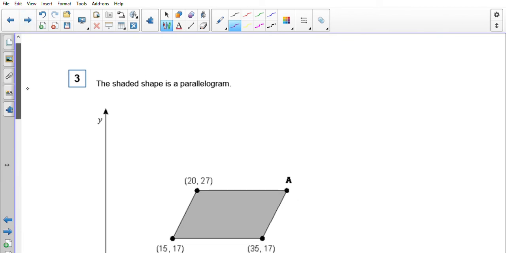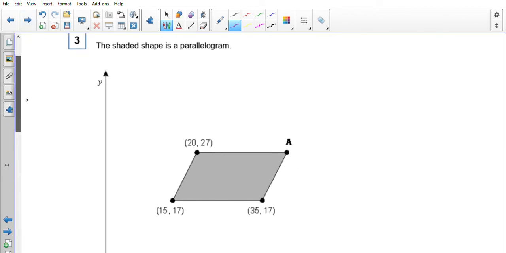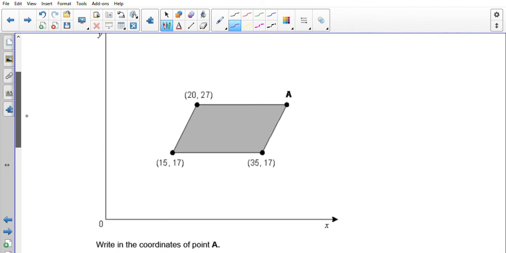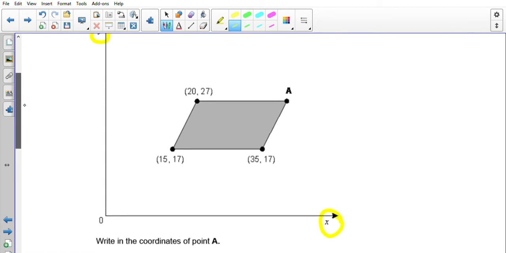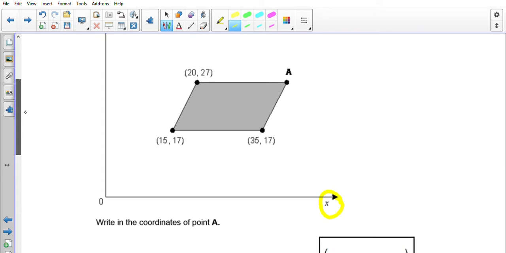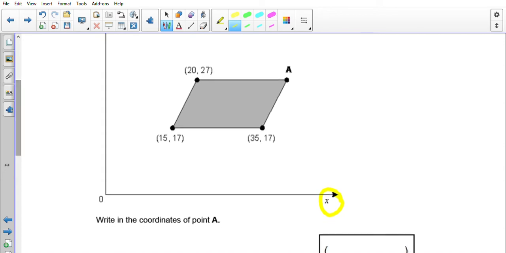Question 3 shows that this time our shape is a parallelogram. Again, we've got our axes, which we should be spotting here. We've got our y-axis, we've got our x-axis. There's no numbers because that would be far too easy. Here now we need to work out the coordinates of point A. It's going to be very similar to the last one, but we just need to apply ourselves a little bit to this.